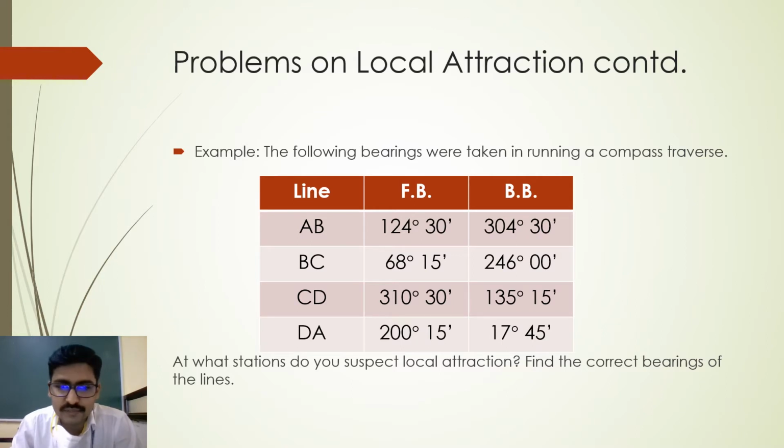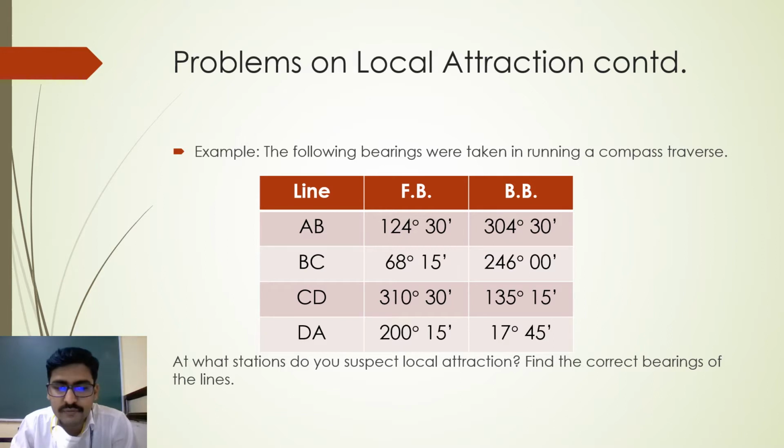So the problem is given like this: the following bearings were taken in running a compass traverse. There is a table given. Line AB, forward bearing and back bearing of line AB is given, BC, CD, DA. If you just look at line DA, that represents that it is a closed traverse.